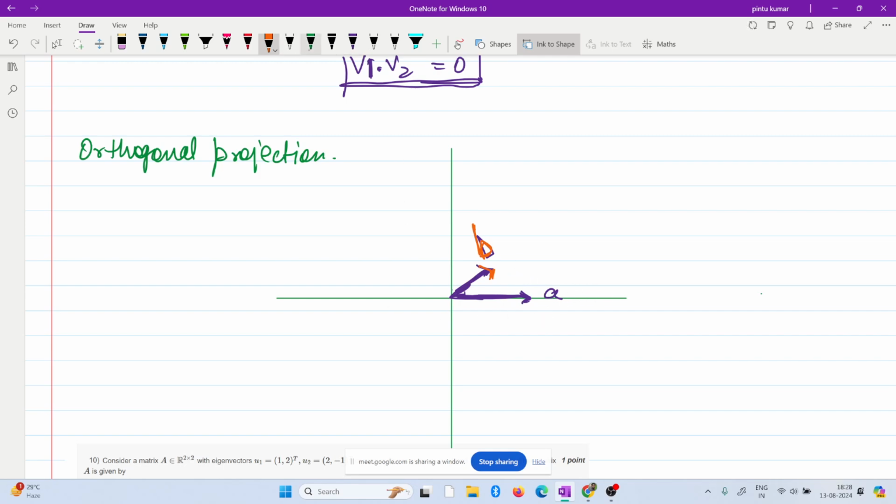How can you see the image? Let's say you light up a torch and see how much image is formed on this. If you light up a torch from this angle, this would be the size of the projection that you will see.